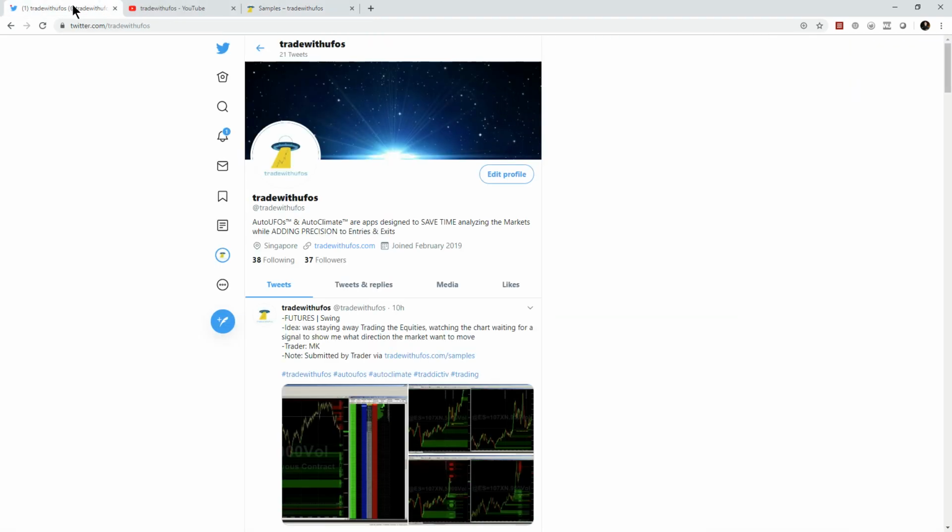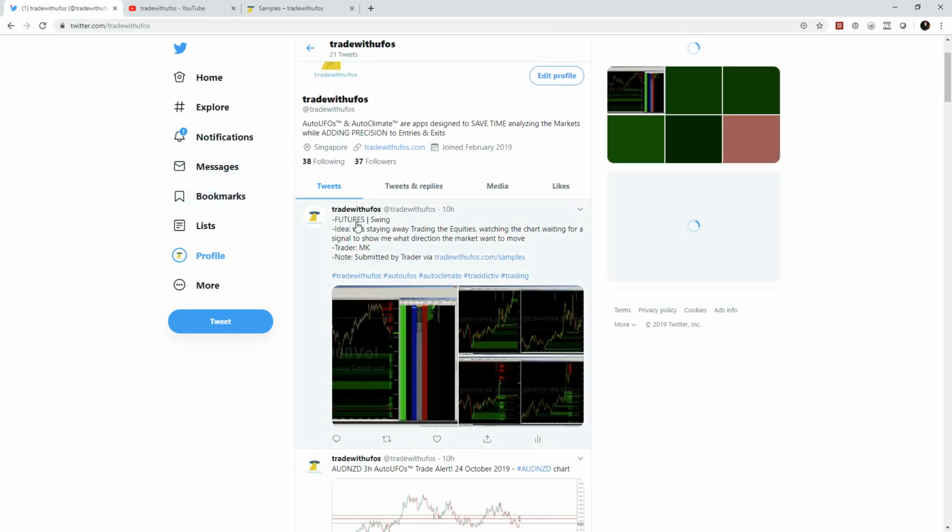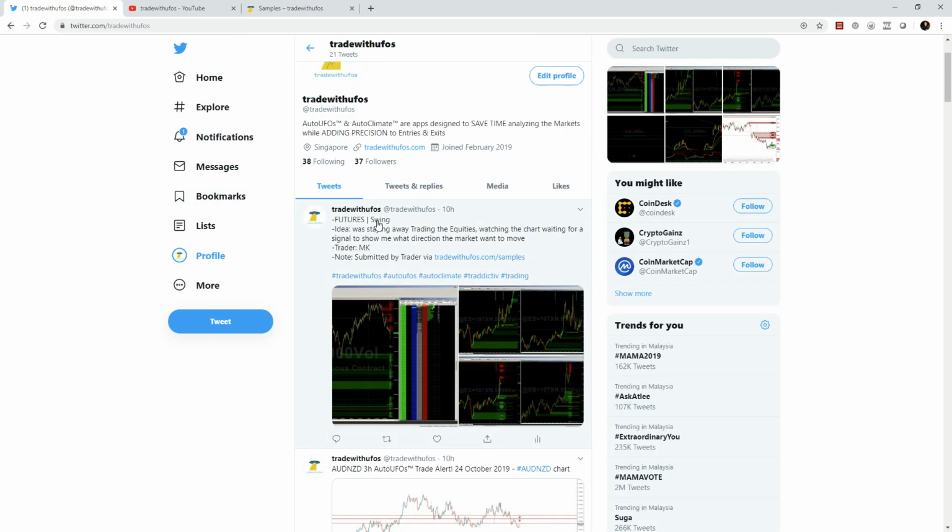That way, when you look at the trades, you can see it's a futures trade, it's a swing trade. The idea was staying away from trading the equities, watching the chart, waiting for a signal to show what direction the market will move. The trader was MK, and you see the trade submitted from that URL, tradewithufos.com/samples. So this is how you do it.